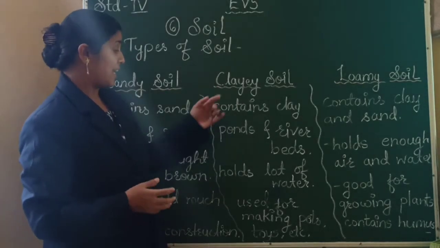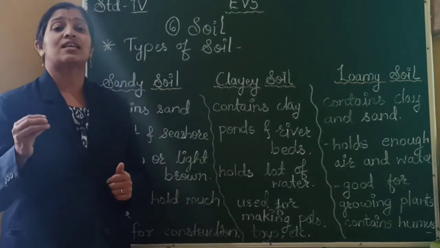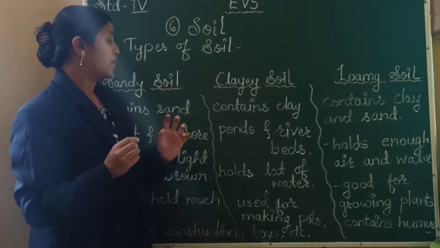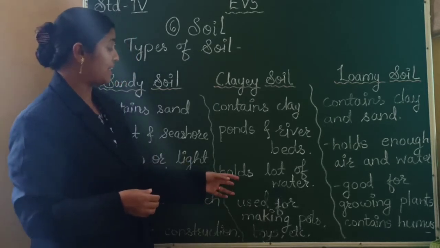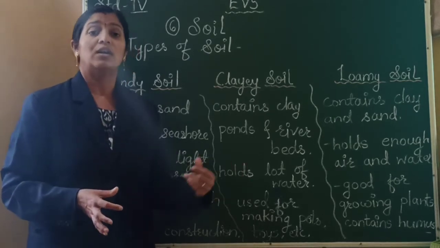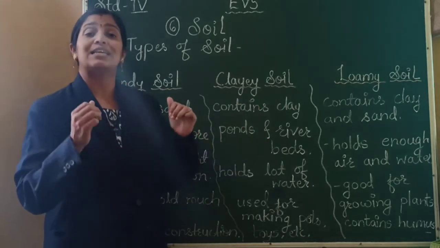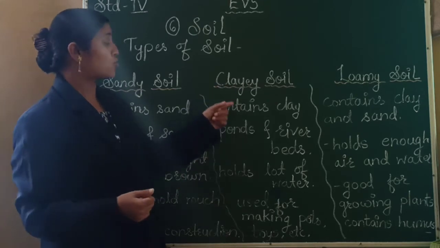Also, this clayey soil can hold a lot of water. This clayey soil has very fine particles, and so the particles are closely packed with each other, and that is why it can hold a lot of water. The air holding capacity of clay soil is much lower, but the water holding capacity of clay soil is very good.